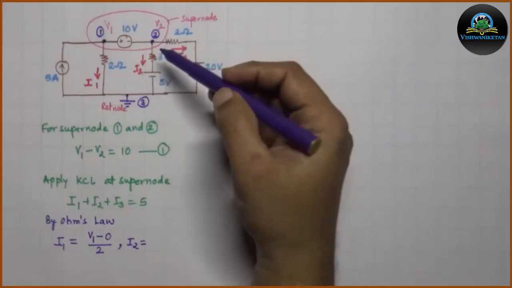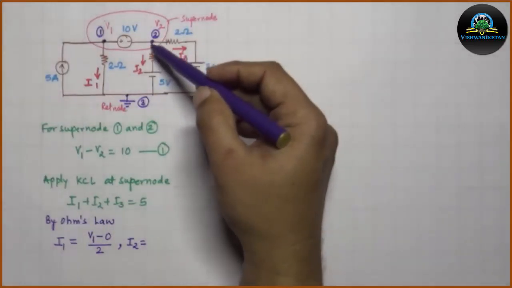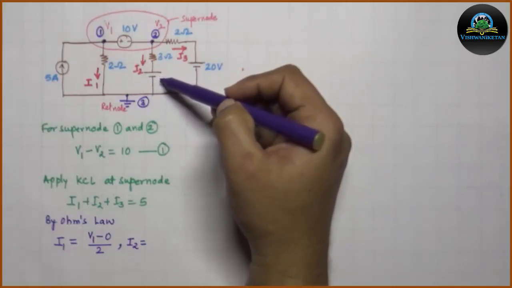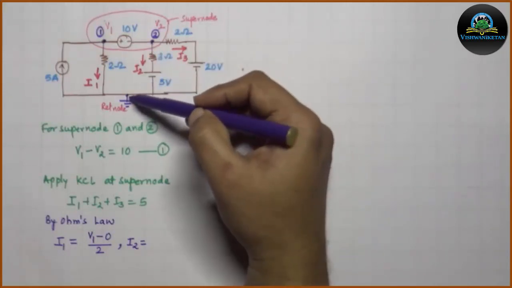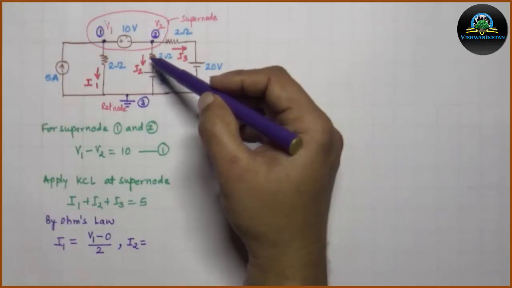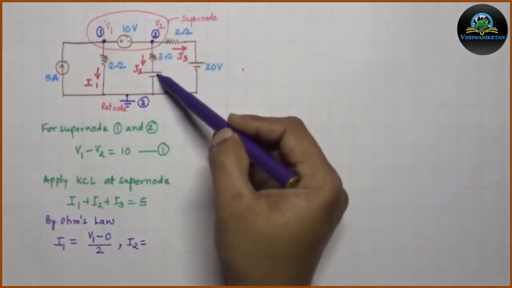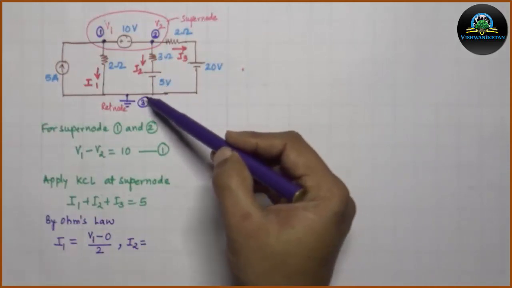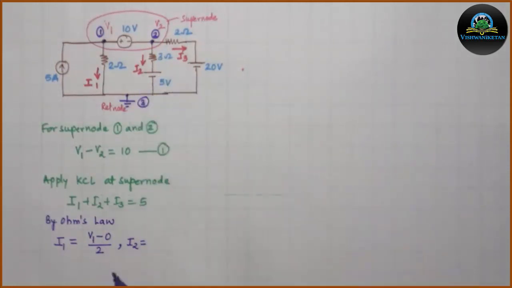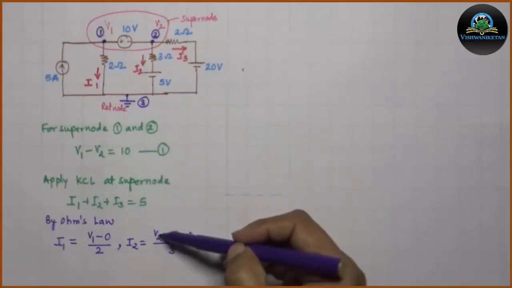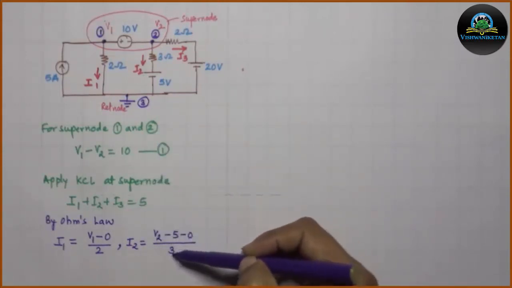Similarly, I2 is flowing from node 2 to node 3. There is a 5 volt battery connected between node 2 and node 3. Hence, I2 is flowing like from node 2 to source 5 volt, from source 5 volt to reference node. Hence, I2 can be written by Ohm's law as V2 minus 5 minus 0 divided by 3.